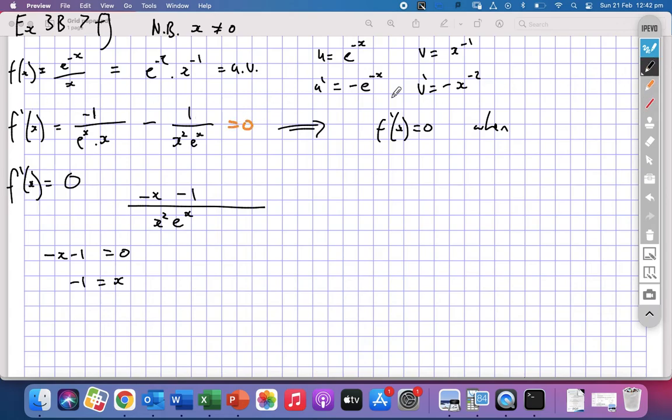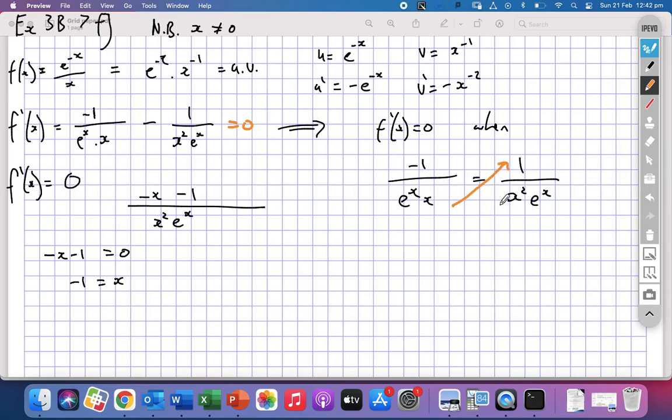And what I could do is add that term to both sides. I could say when minus 1 on e to the x equals 1 on x squared e to the x. I think it'll end up being a little bit more work, but just showing you another way to get to this point.